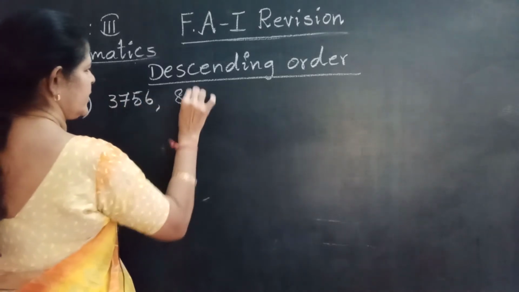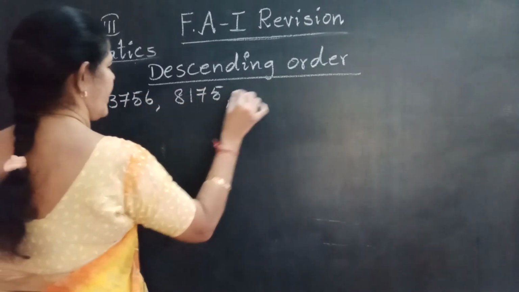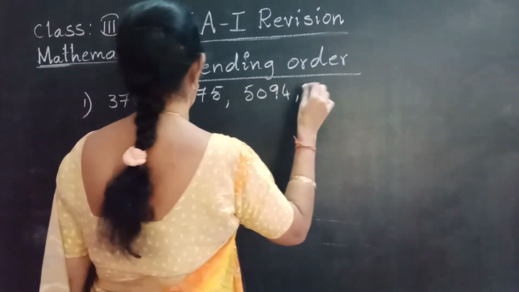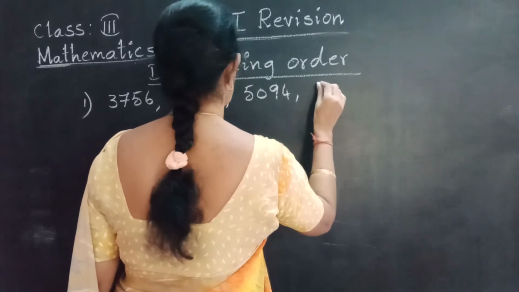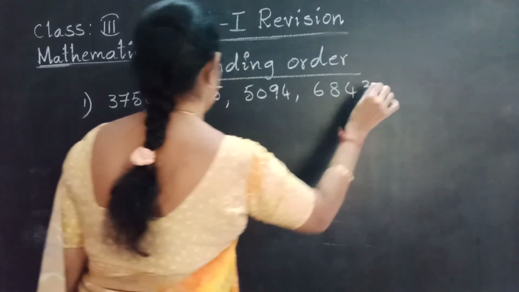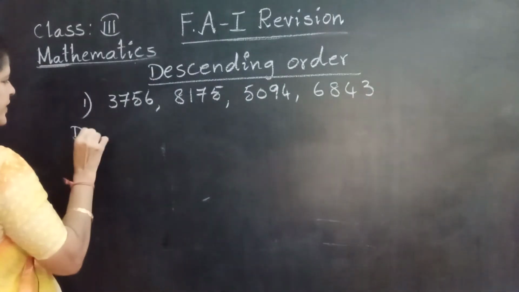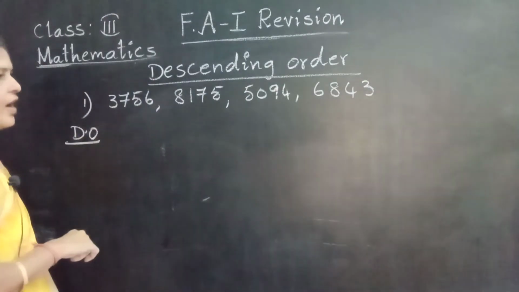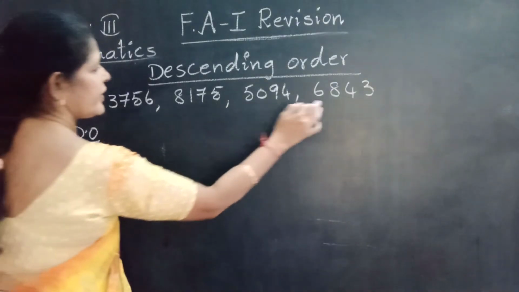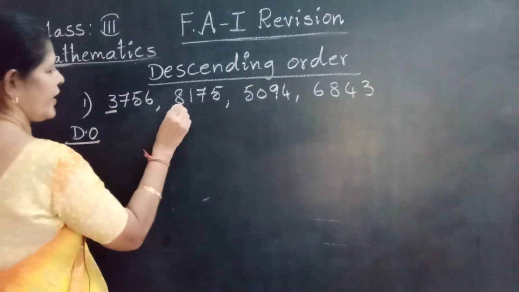3756, 8175, 5094, 6843. Now arrange these numbers in descending order. Descending order means big to small. All are 4-digit numbers. Compare thousands.